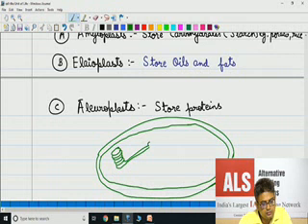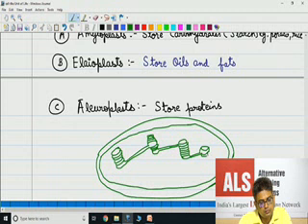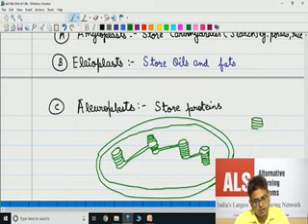Like this. Now, what is a thylakoid? This stack of coin-like structures is a thylakoid. And one coin out of it is a granum.